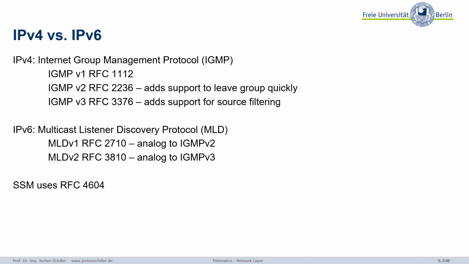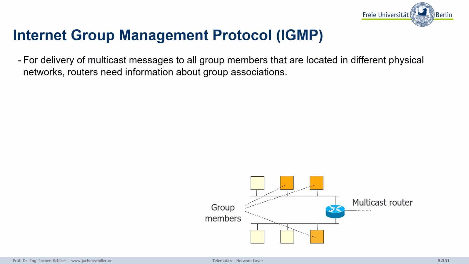Now we are in a local area network, and in the local area network we use IGMP. In the example, there is a multicast router, a router that understands multicasting, and we have 3 group members, 2 in the upper local area network and 1 in the lower local area network.